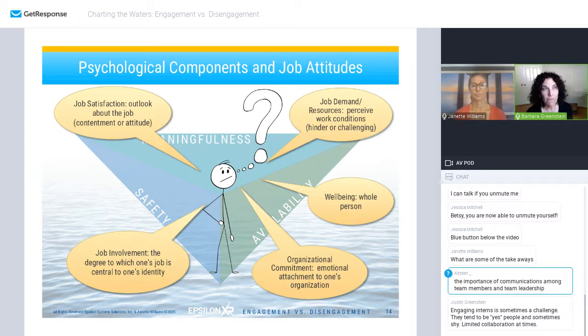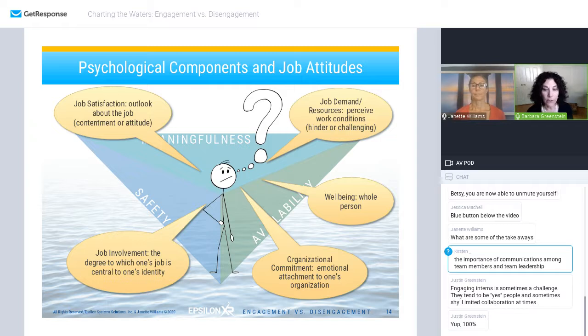If someone might not appear to be engaged, don't write them off. Stop and ask, how can I engage them? And if you want to be one of the people that makes a difference in your organization, then you have to step up and be that person.